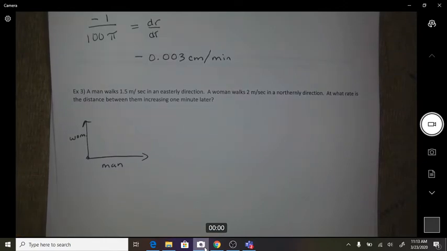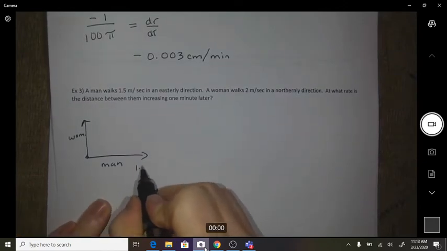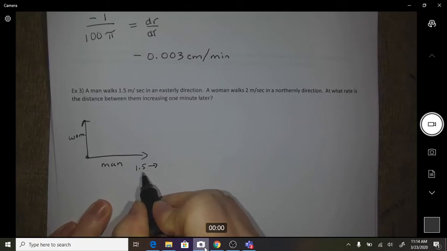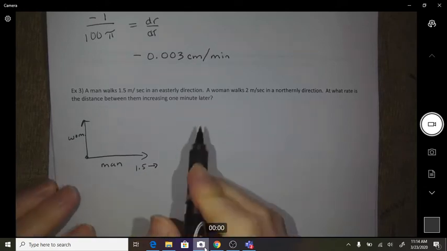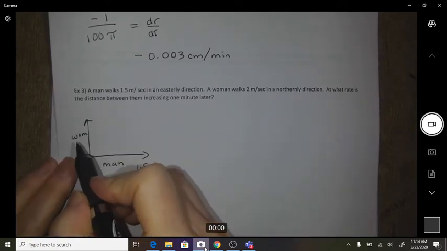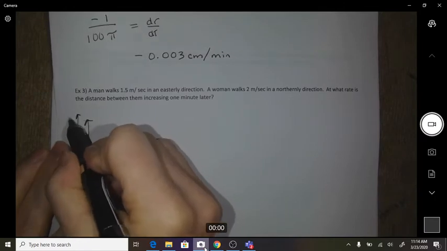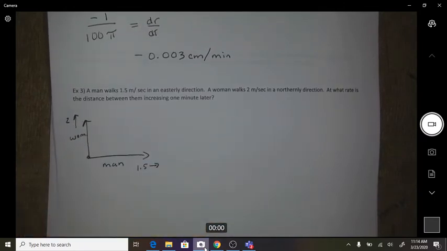So the man is going at a rate of 1.5, and a woman is going at a rate of 2. What is the rate that the distance between them is increasing exactly 1 minute later?